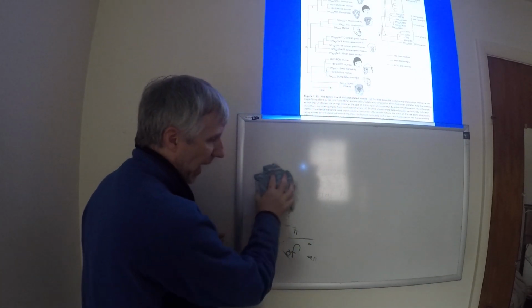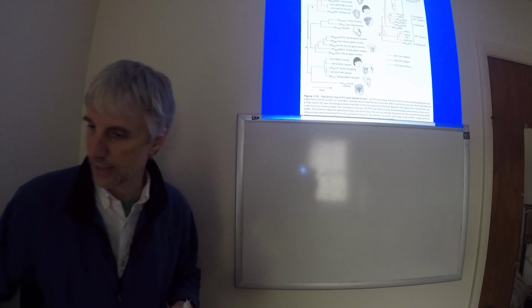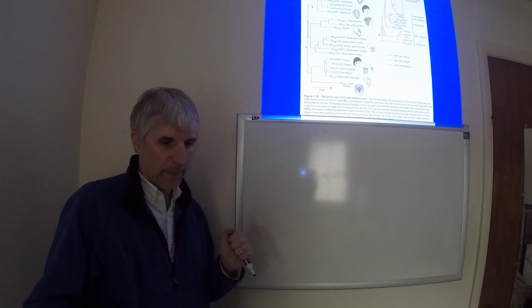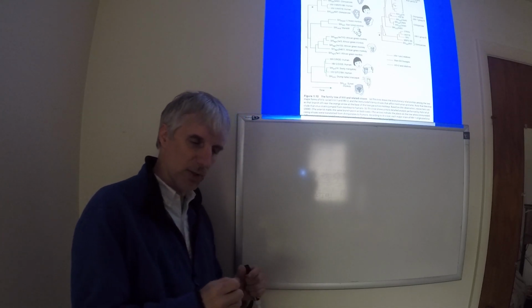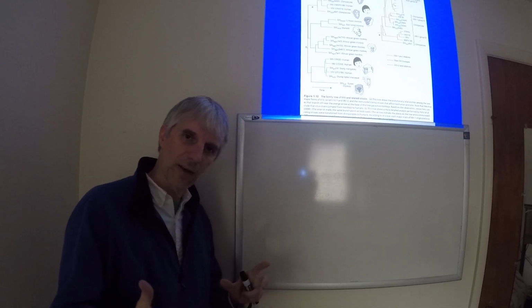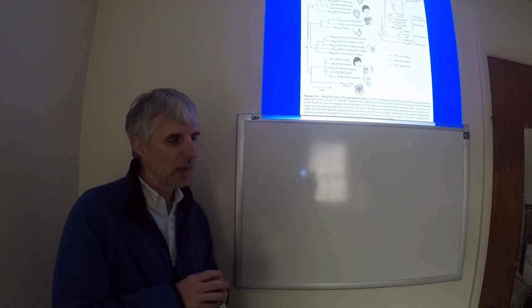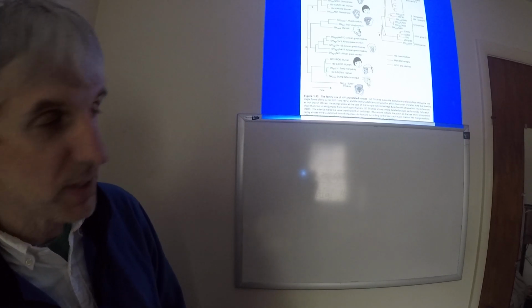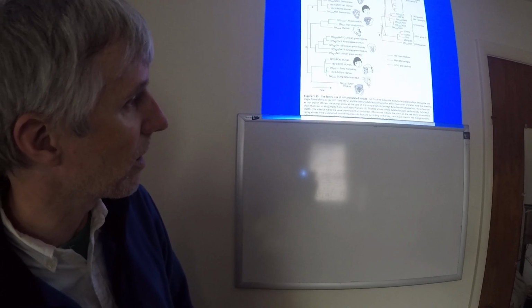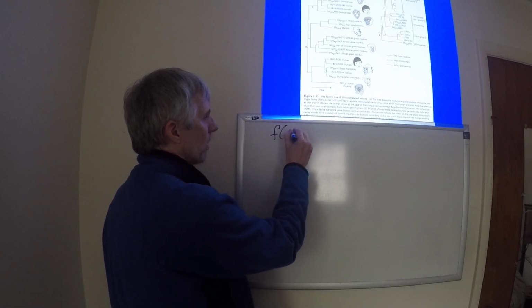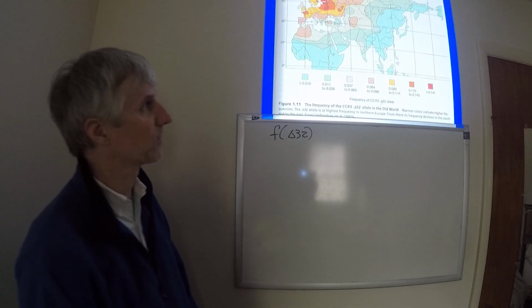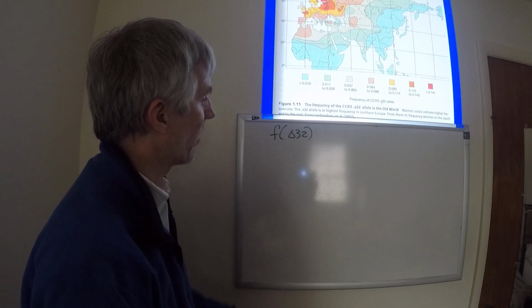So let's do that. Let's go around the world collecting blood from individuals, figure out their CCR5 types, and dump those alleles into a big bucket and figure out the frequency of the delta 32 allele in each location around the world. Okay? All right?